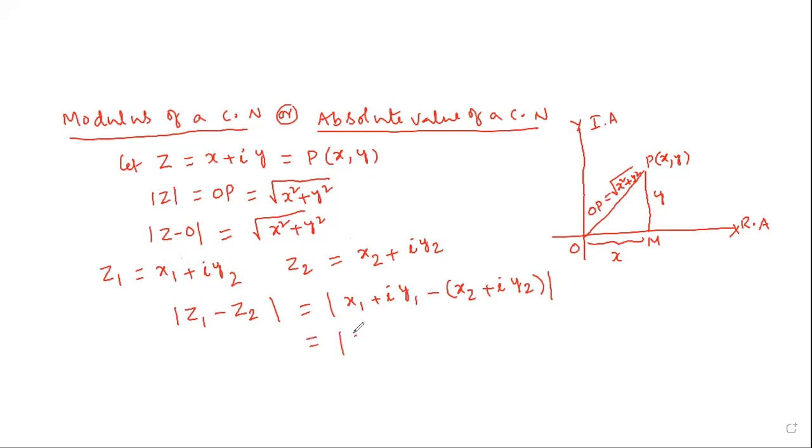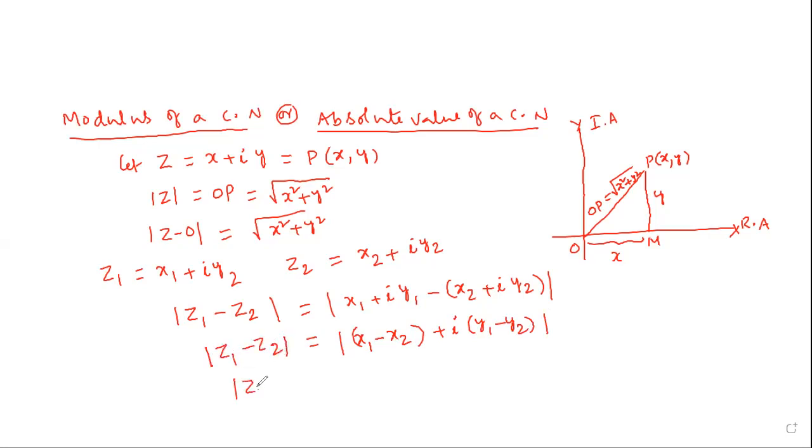So modulus of x1 minus x2, i is common, y1 minus y2, modulus closed. Now this is the modulus of Z1 minus Z2.